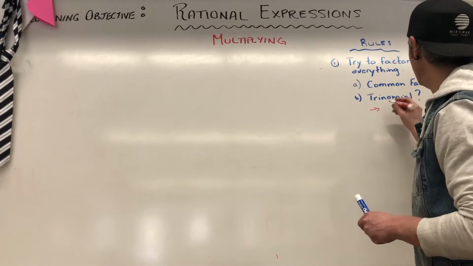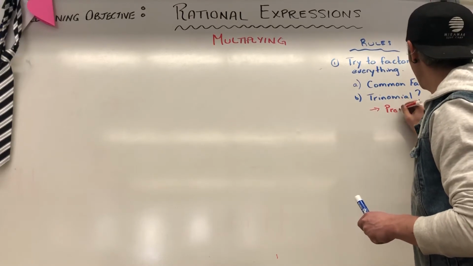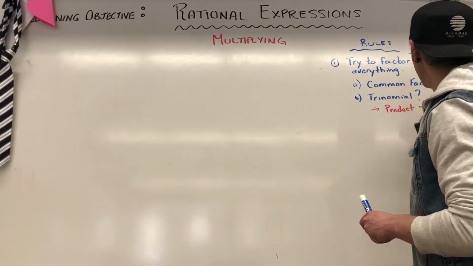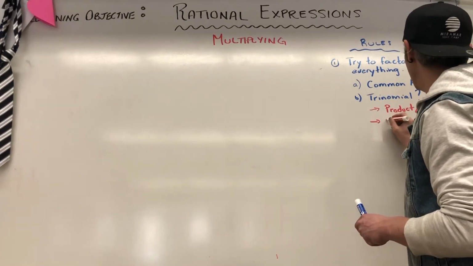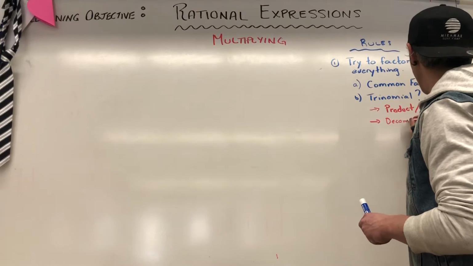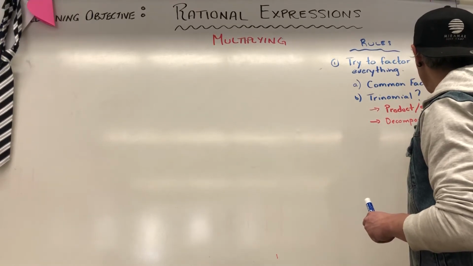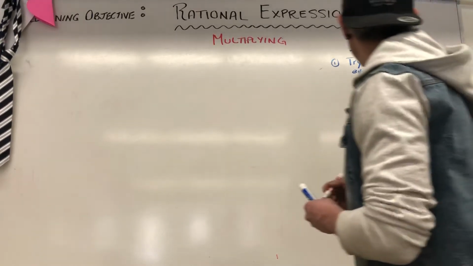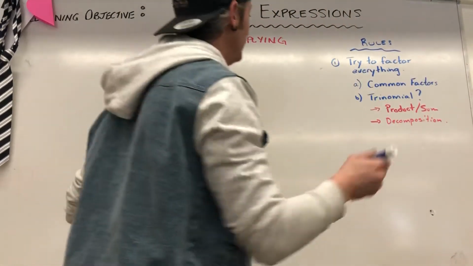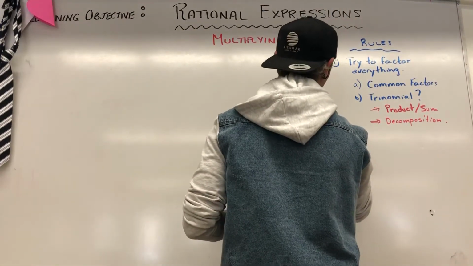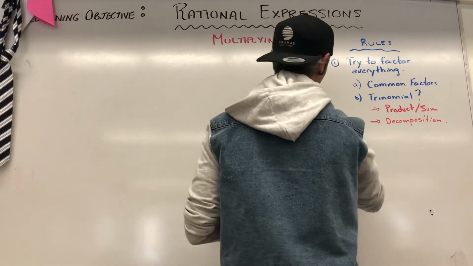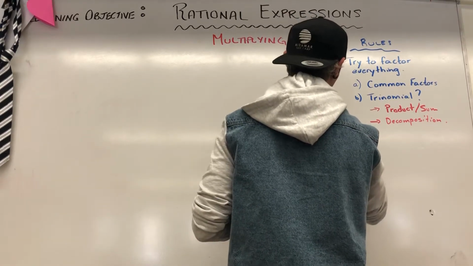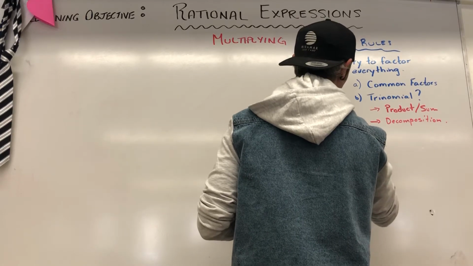We can do that 2 ways: either product sum if there's no number in front of my x squared term, or we can use decomposition. And then once we do that, we can take the NPVs, the non-permissible values.